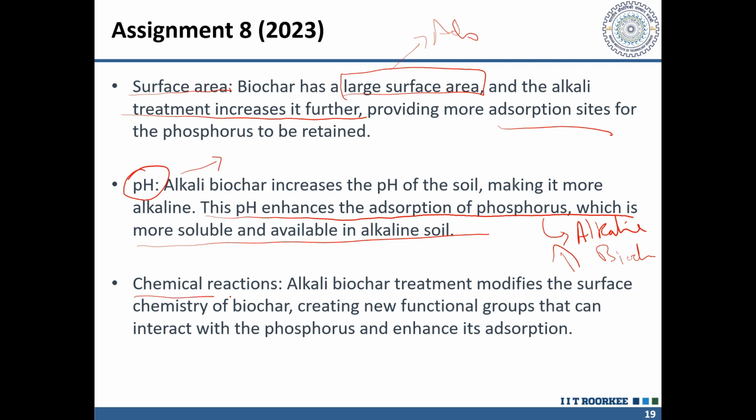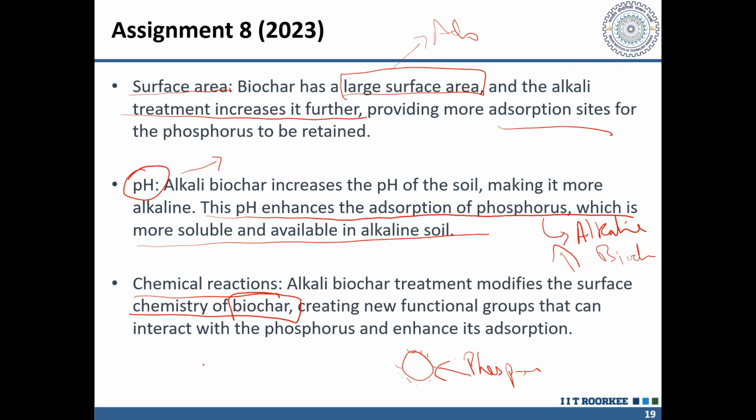And finally, chemical reactions. Alkali treatment modifies the surface chemistry of biochar. There are some chemical changes on the surface of the biochar, which create functional groups, and these functional groups easily attract phosphorus. Therefore, this again increases the adsorption.